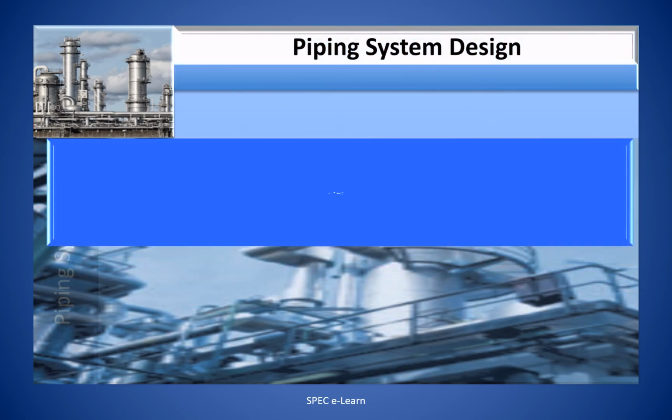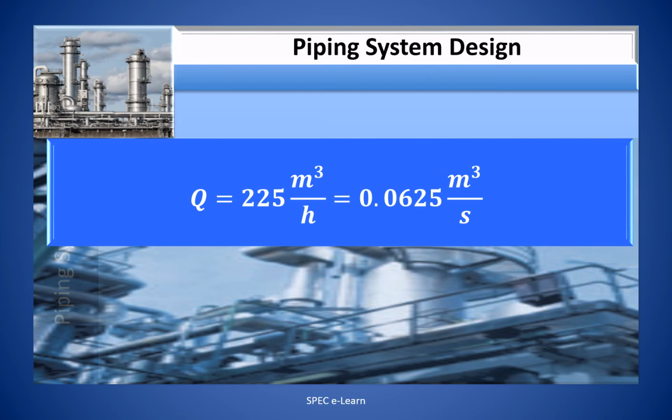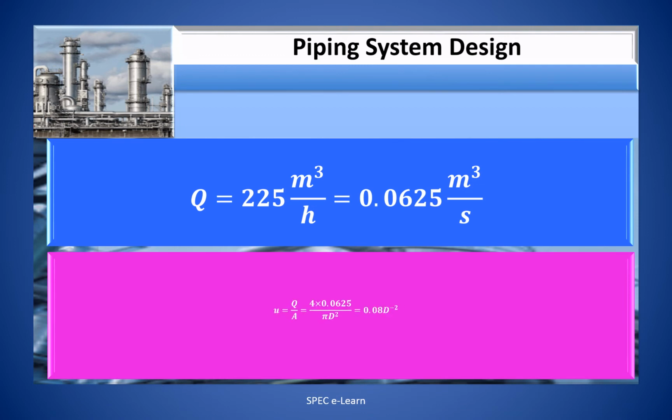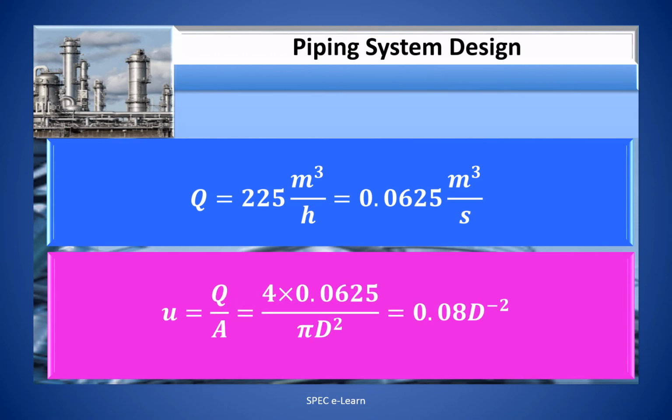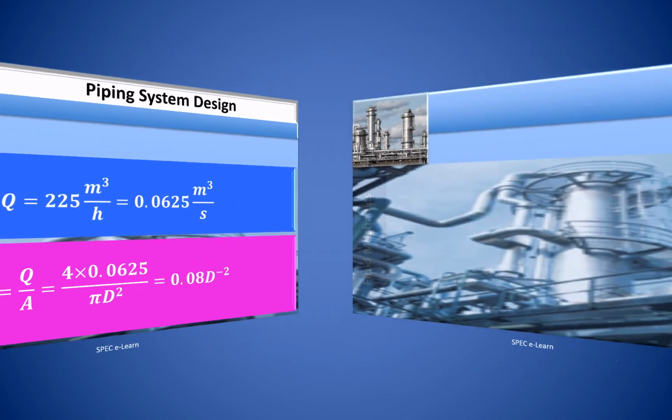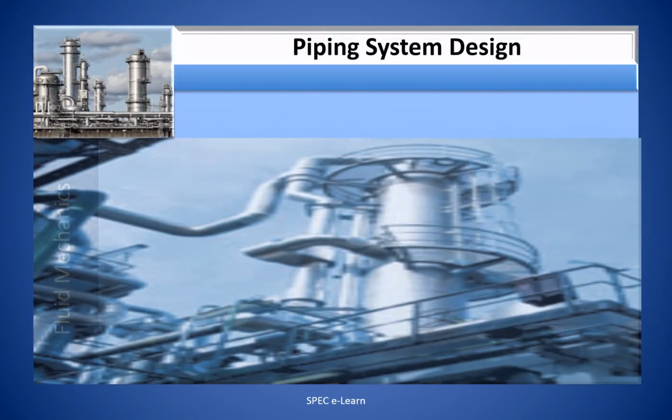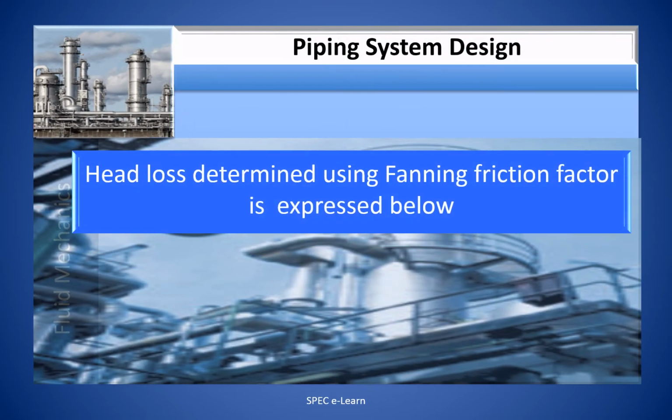Q equal to 225 cubic meter per hour, which works out to 0.0625 cubic meter per second. U equal to Q by A equal to 4 times 0.0625 divided by pi times D squared, which works out to 0.08 D to the power minus 2. Head loss is determined using the Fanning friction factor, expressed below.